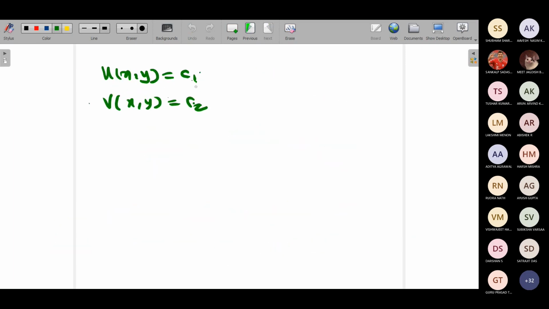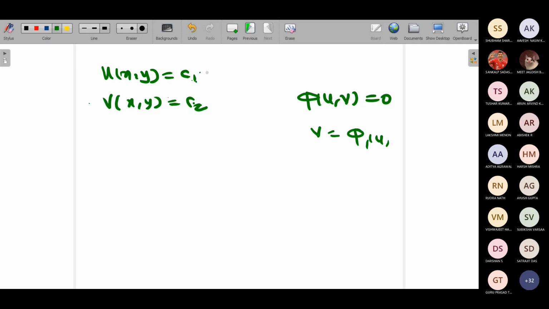Put together, we write them in the form phi of u comma v equal to 0. Or you can write one in terms of the other: v equals some phi 1 of u, or u in terms of v. Either way you can write it, and that is the solution of the equation.